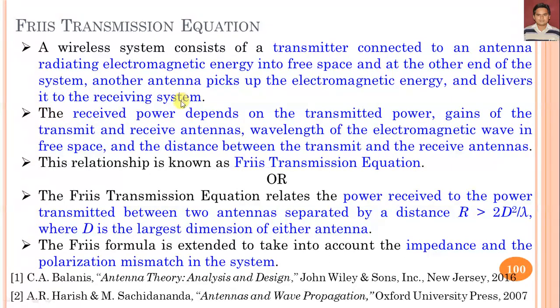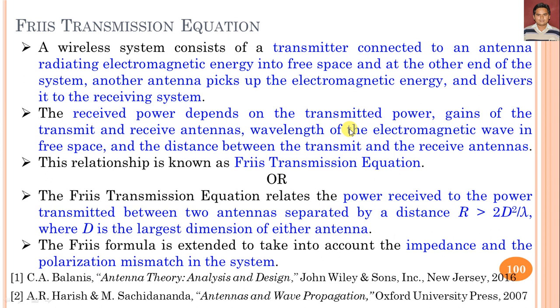So the received power depends on the transmitted power, the gains of the transmit and receive antennas, the wavelength of electromagnetic waves in free space, and the distance between the transmit and receive antennas. This is a derivation that we need to carry out in this lecture.